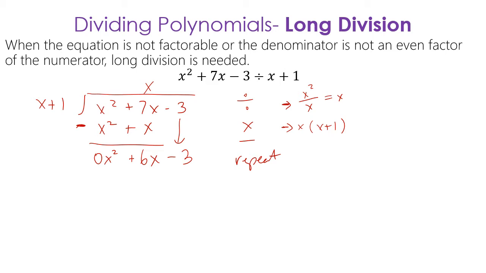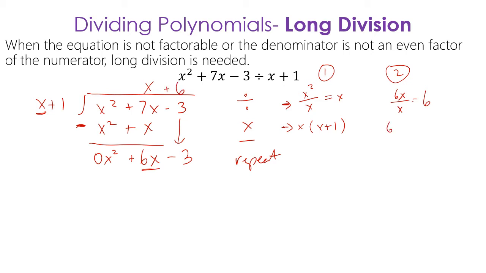So we're going to divide. So this was kind of like the first time we did it. This will be the second time we do it. So now we're going to go back up, and 6x divided by x, right? This divided by this, and that equals 6. So plus 6. Now you multiply.